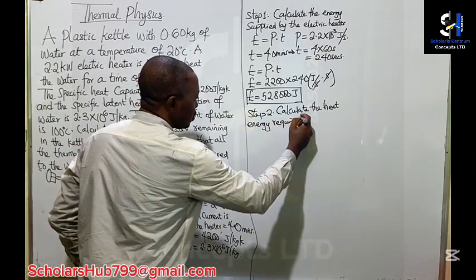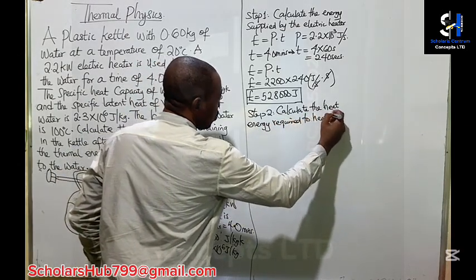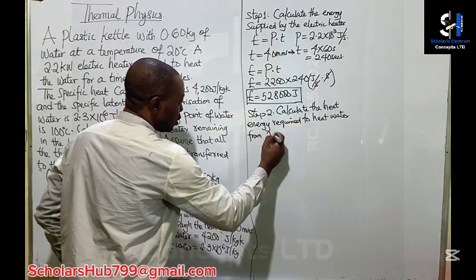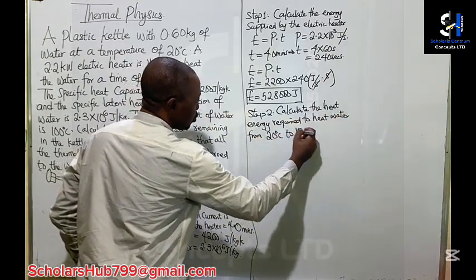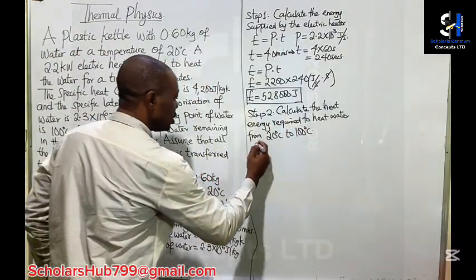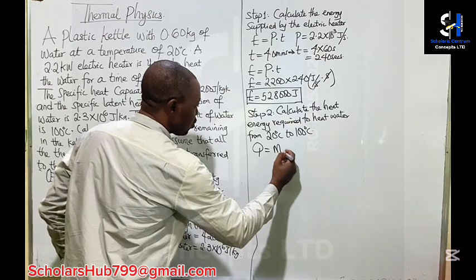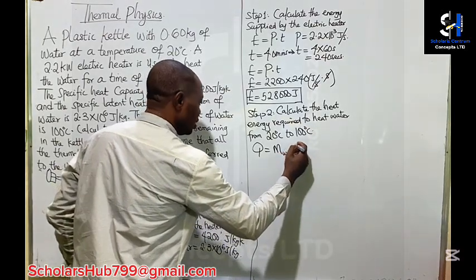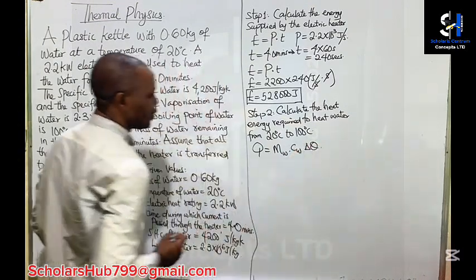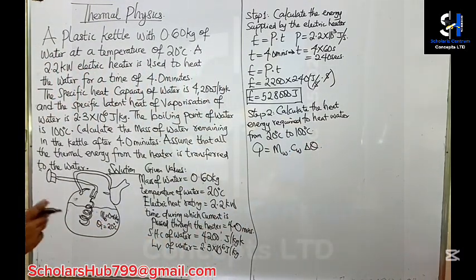In this case, the heat Q equals the mass of water times the specific heat capacity of water multiplied by the temperature difference. The temperature difference will be 100 minus 20.